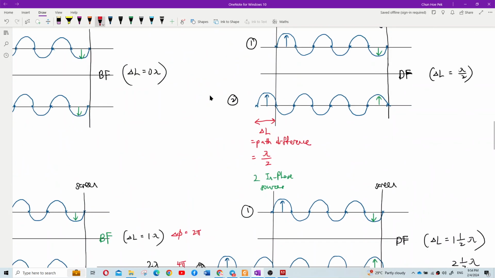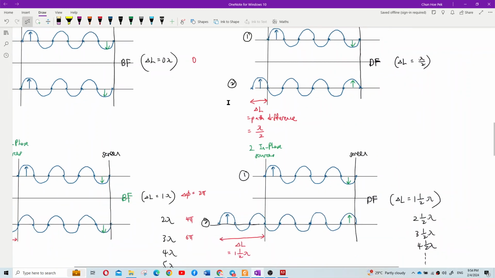Okay, this one start with 0 lambda, so 0 lambda means 0 radian. Saya tak ajar ya tentang delta phi ni, saya cuma ajar delta L saja. Kalau delta phi dia akan jadi 0, 1 lambda jadi 2 pi, 2 lambda jadi 4 pi, 3 lambda jadi 6 pi.